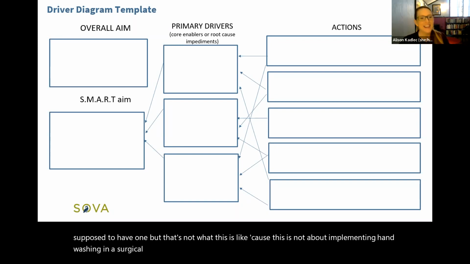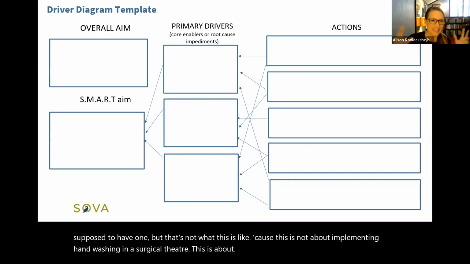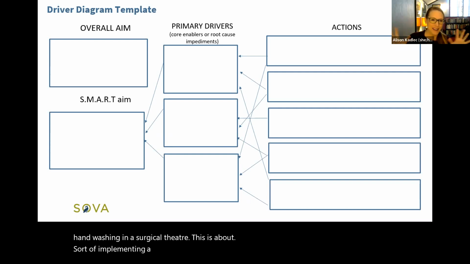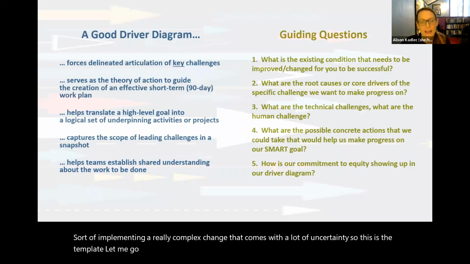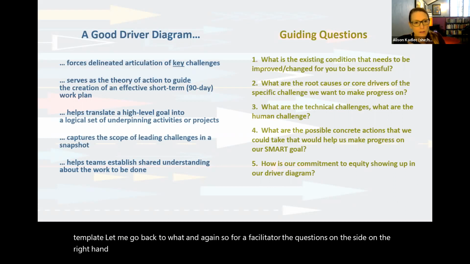This is about implementing really complex change that comes with a lot of uncertainty. So this is the template. Let me go back, and again, for a facilitator, the questions on the right-hand side are the ones that are helpful to you as a mentor.